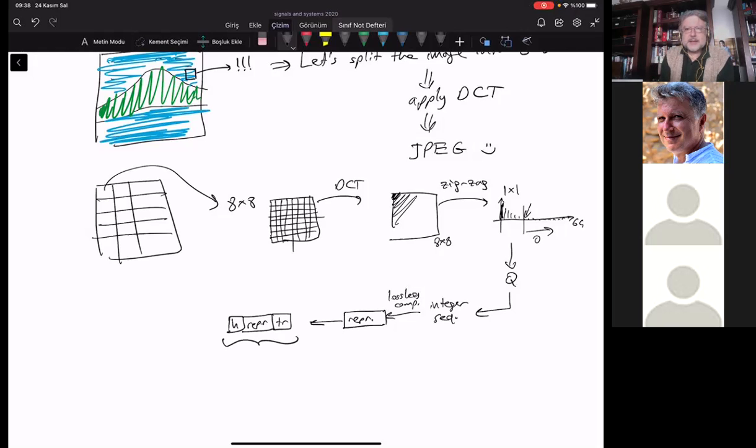This is not an image standard, but it's a compression standard, and you can use it for compression of images using other image file formats. So we don't specify a file format here, we just specify the compression.